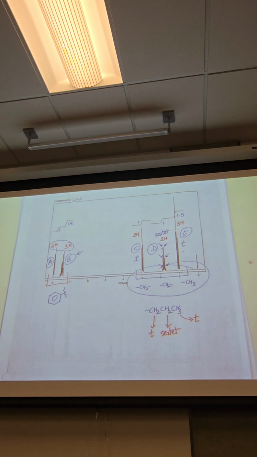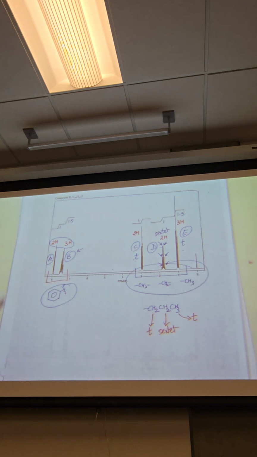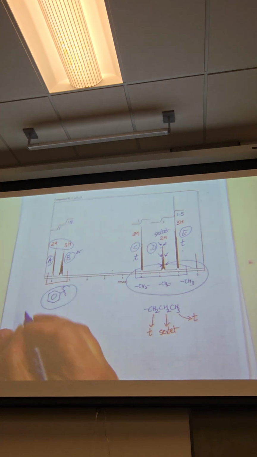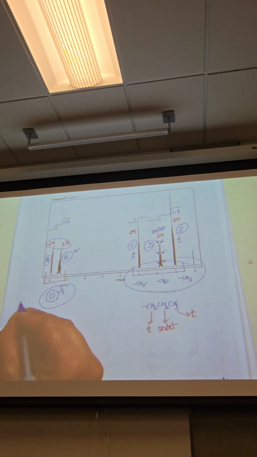We good, everybody? So what do we have at this point? We have a monosubstituted benzene. How many carbons and how many hydrogens are in this piece? 6 carbons and 5 hydrogens.